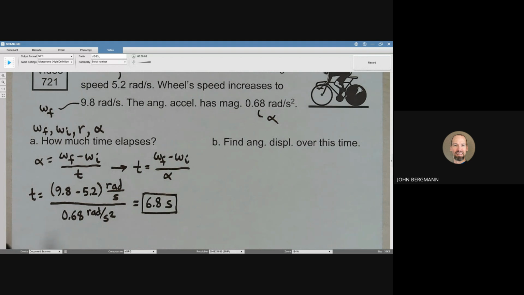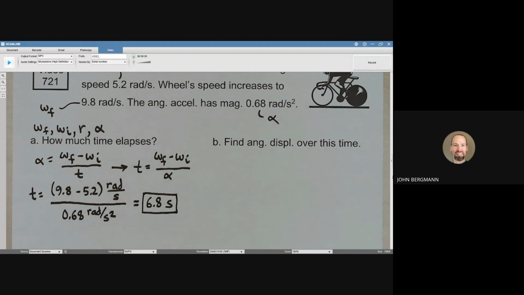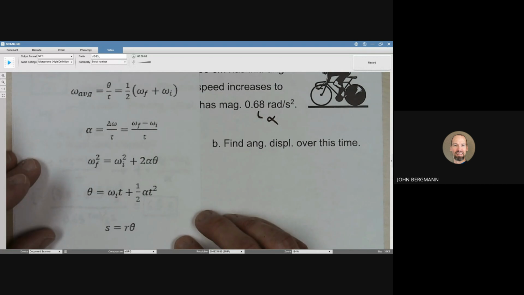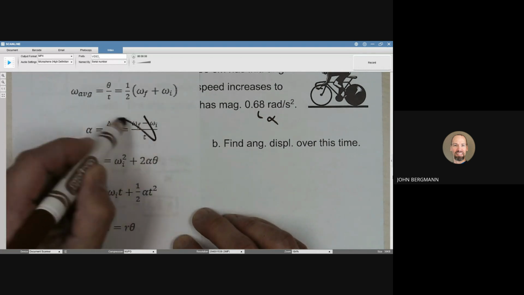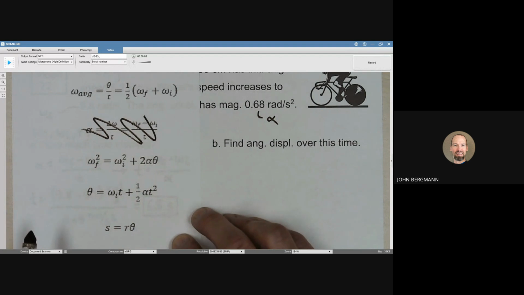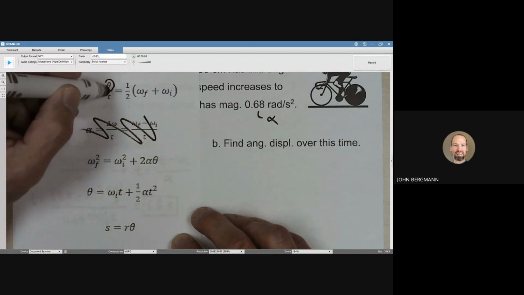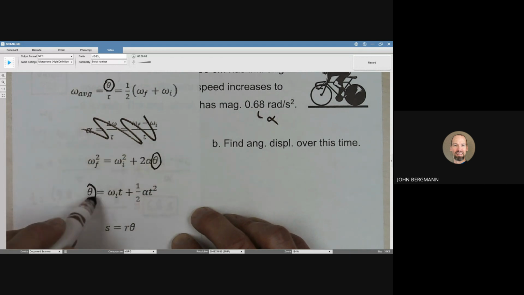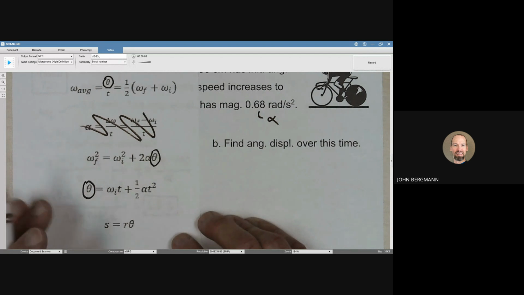Now let's find the angular displacement that occurs during this time. So the angular displacement is going to be theta. This equation is clearly not going to work because it doesn't have theta in it, but we need theta. So if I circle the thetas that are in here, in fact, this one has theta as well.